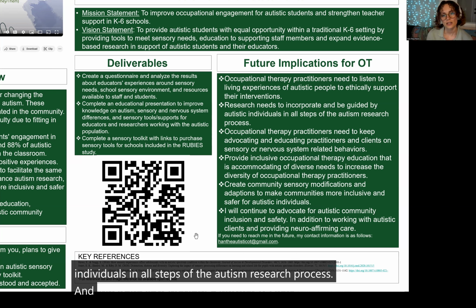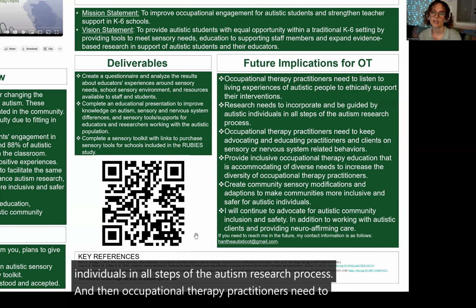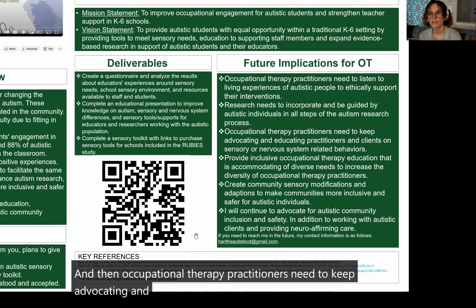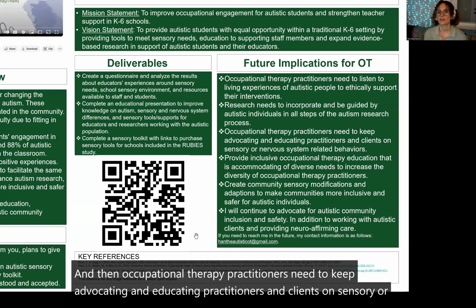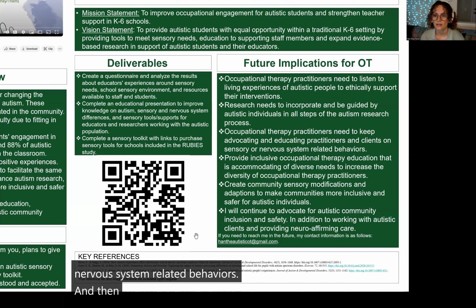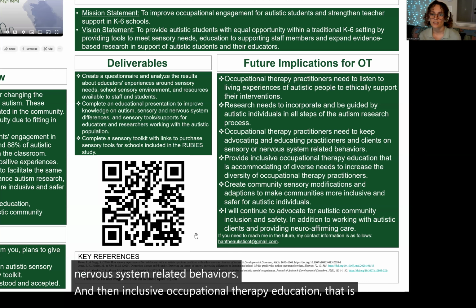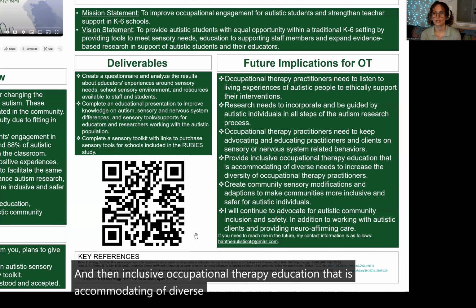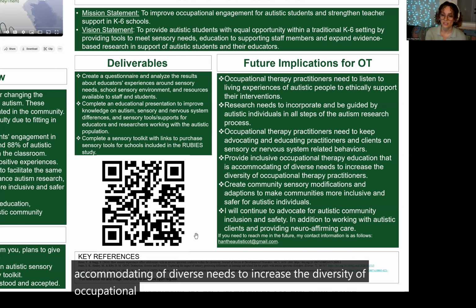And then occupational therapy practitioners need to keep advocating and educating practitioners and clients on sensory or nervous system related behaviors.